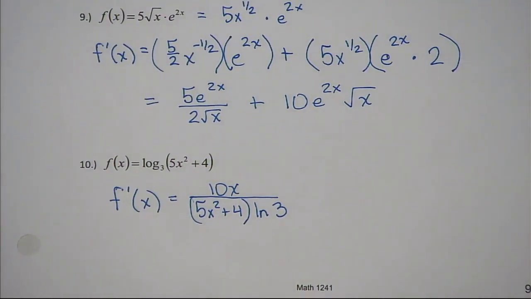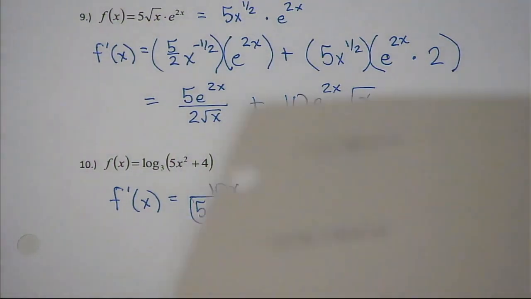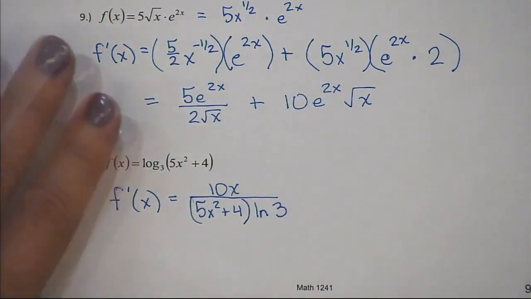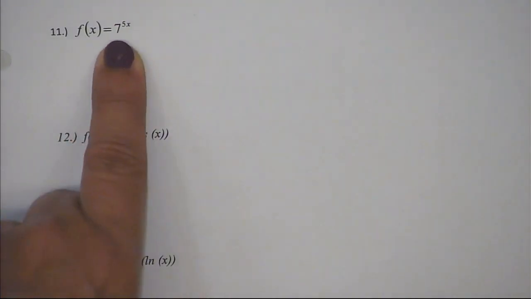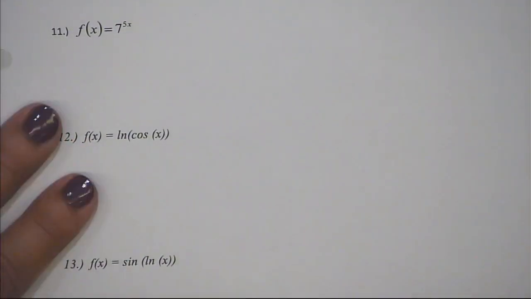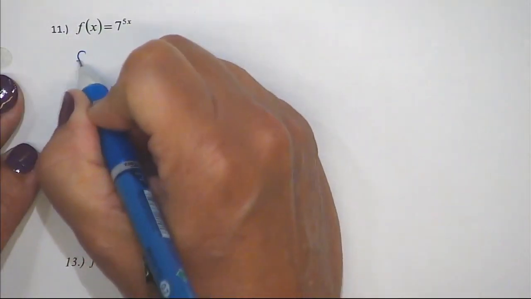All right, number 11 is the same thing with your exponential function. So number 11 is like the new number 7 I wrote down there, which goes to number 3, if you're looking at the rules. Okay? All right, so this is not e to some power, it's 7 to some power. Same rule. Okay, same exact rule.